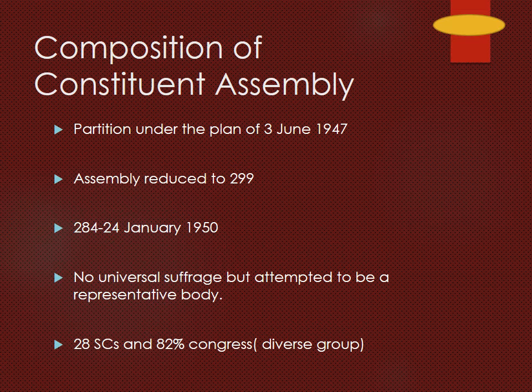And the members of the Constituent Assembly were not elected on the basis of universal suffrage, but they attempted a lot to make it a representative body. In terms of political parties, the Congress dominated the Assembly, occupying as many as 82% of the seats after the partition, and it was given to scheduled castes.